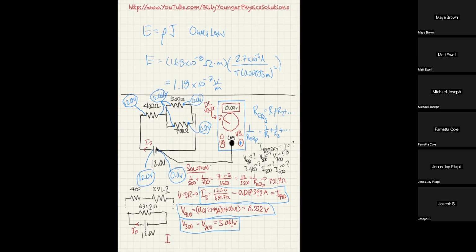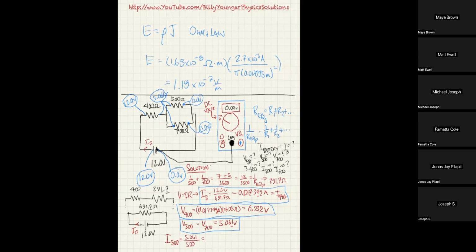Well, now I can figure out that the I500 is in fact just going to be the voltage, which is 5.061 over 500 ohms. I'll leave off the units. I'm going to take the 5.061 and divide it by 500.